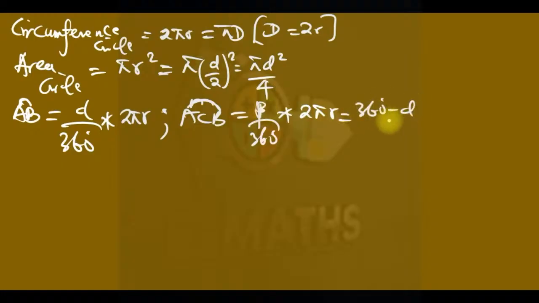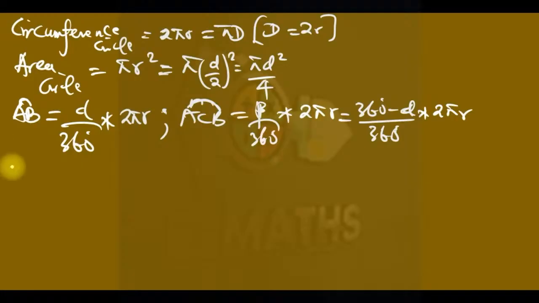But for arc ACB, that's the major one, is beta over 360 degrees times 2 pi r. And you know, beta could be written as 360 minus alpha. So in most cases, they won't give you beta, they might give you alpha, that's the angle for the minor arc. So that's the formula for length of arc.